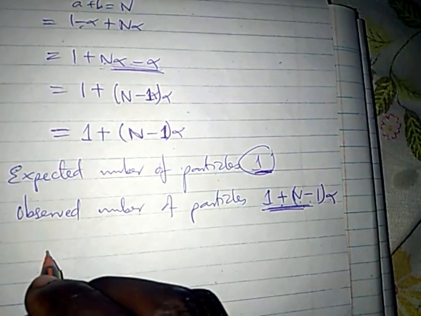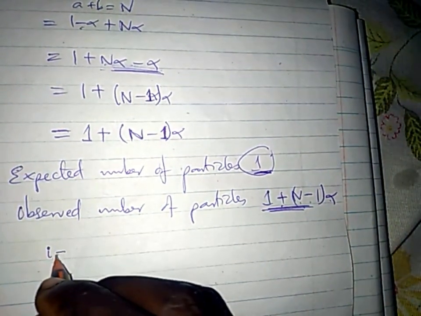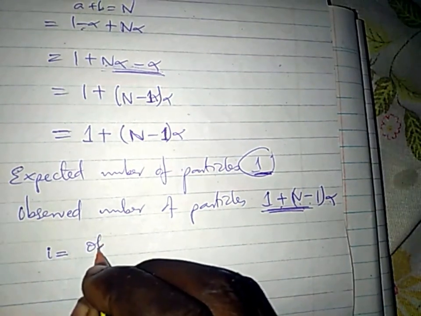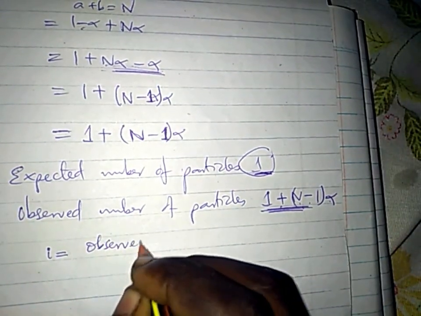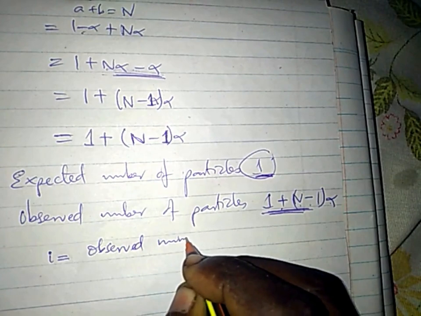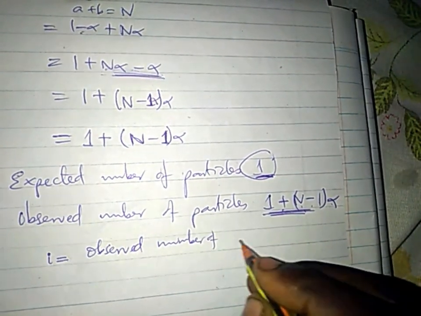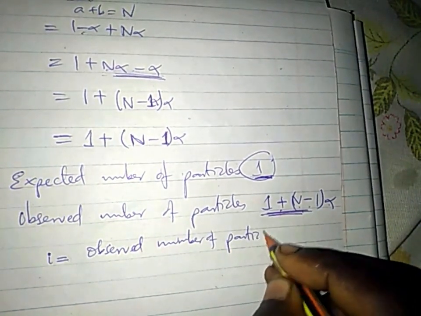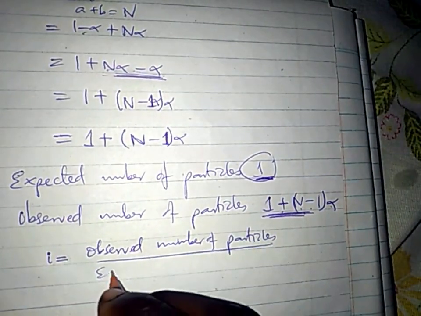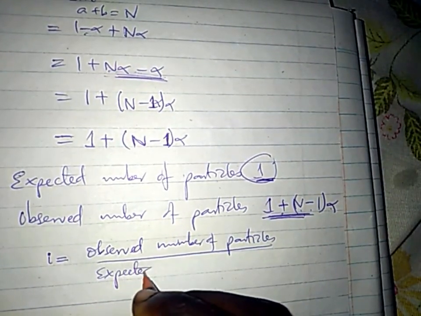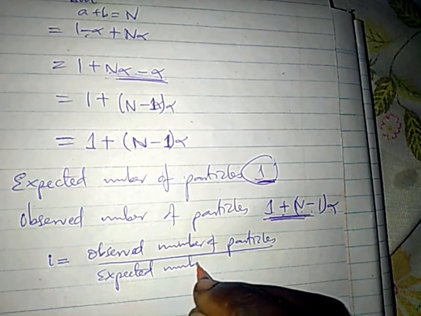So now Vant Hoff's factor represented by i can be calculated as observed number of particles divided by expected number of particles.